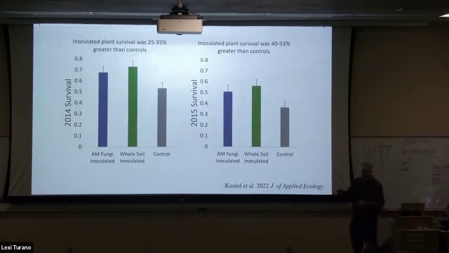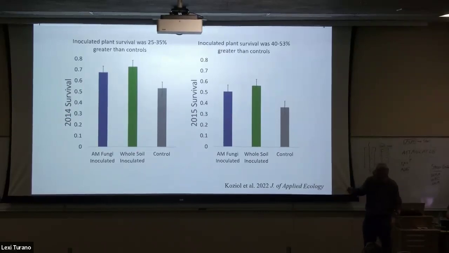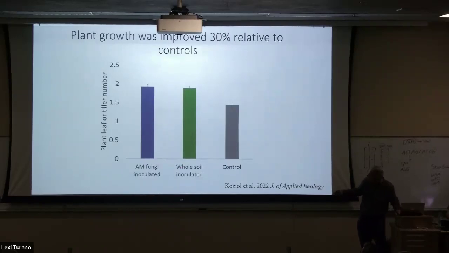And so I'm going to show you the overall result that was common across all 5 restorations: survival was greater when they were inoculated with native mycorrhizal fungi or prairie soil than the control. That was survival in the first year. Survival in the next year was also greater, and they grew bigger if they were inoculated with the native prairie soil or native mycorrhizal fungi.